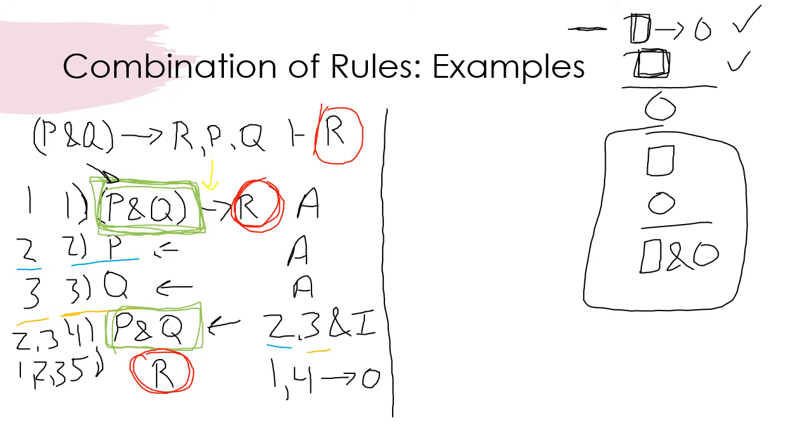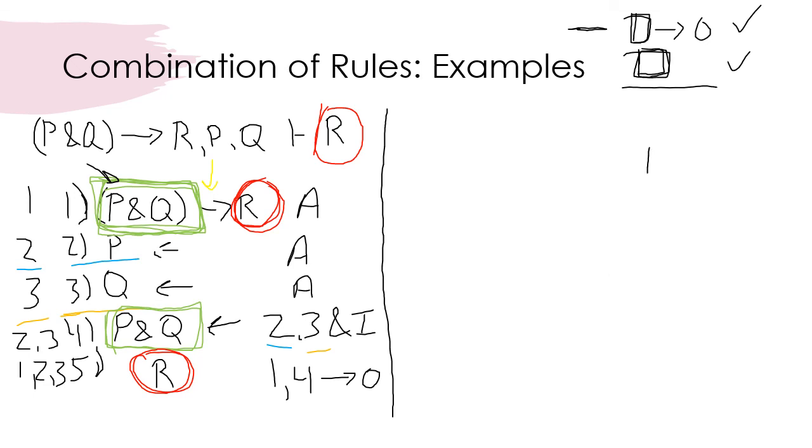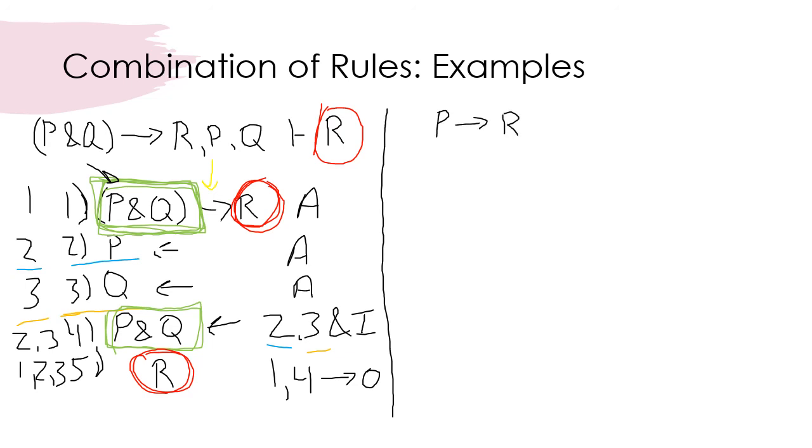But let's do just another one real quick that looks very similar to that one. So instead, this time, let's do P arrow R, and we have P and Q, therefore R. So here, let's say we've got our premises, P arrow R. I don't really need these parentheses there.